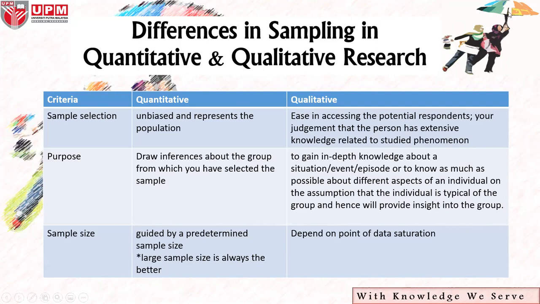Okay. And then in terms of sample size determination, for quantitative study, it is guided by a predetermined sample size. Maksudnya for quantitative study, before we enter the field, before we collect our data, we already need to determine how much minimum sample is needed. In quantitative, it is always said that a large sample size is always better.